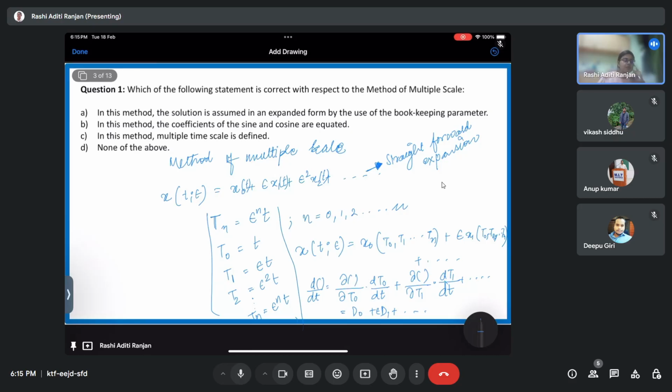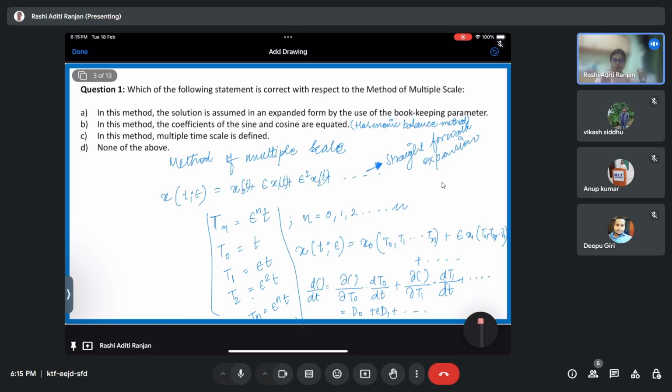Second, in this method, the coefficients of the sine and cosine are equated. No, this, if you remember, is nothing but the harmonic balance method. If you remember, we did questions based on the harmonic balance method, wherein we considered that the solution is of sinusoidal form, a cos omega t plus phi or a cos omega t plus b sin omega t.